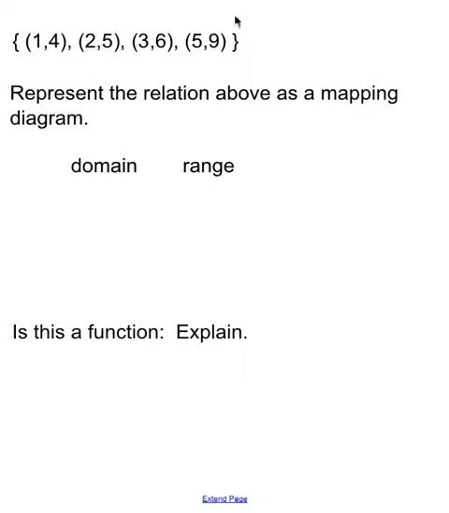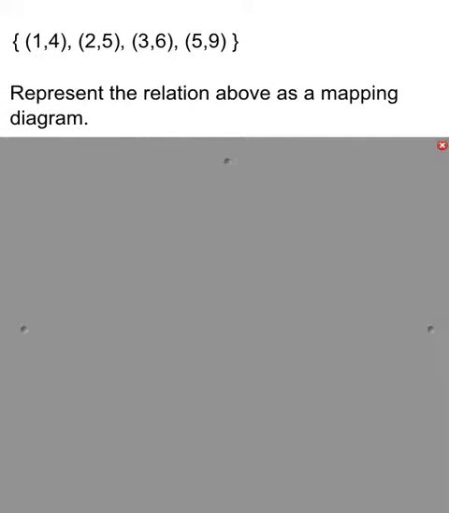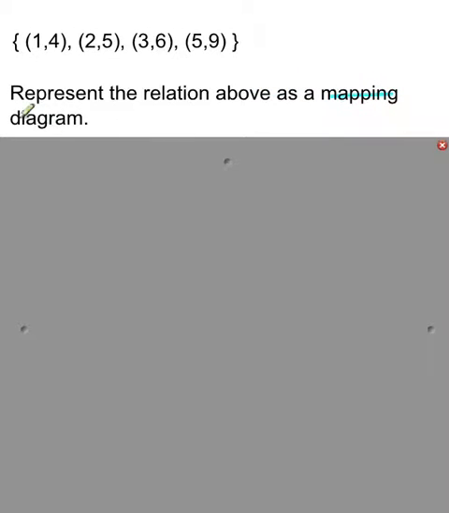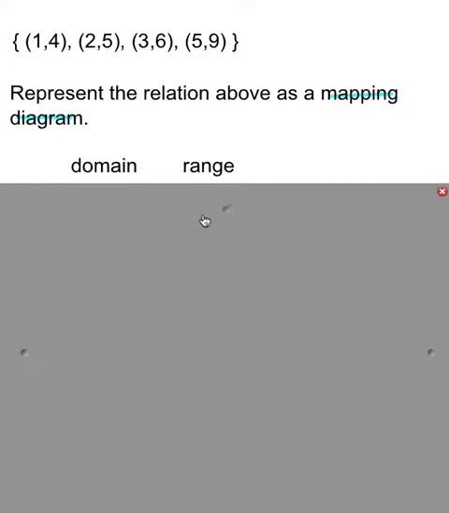What about this one? Here's your relation. I have 4 points. I'm going to represent this relation above as a mapping diagram. So remember, this is like a Venn diagram. So I start with the word domain and range. I'm going to write both of those. Now remember, domain is your x.